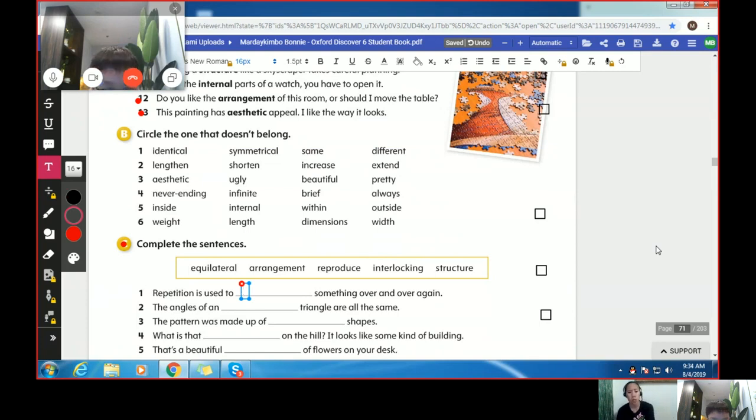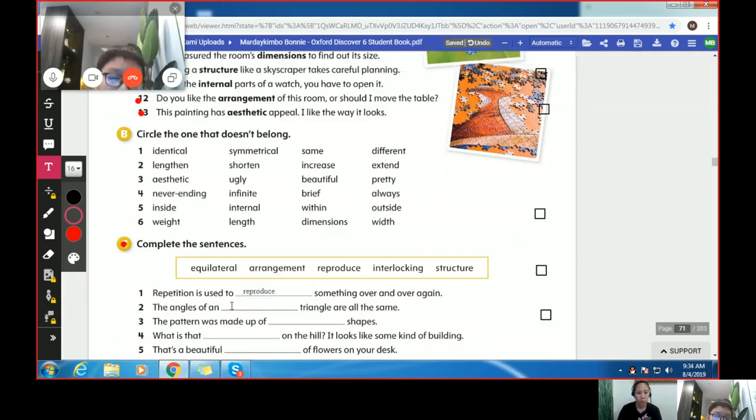Are you sure? Is used to arrangement? That sounds wrong. What do you think? Reproduce. Repetition is used to reproduce something over and over again. Okay, let's type that. What about number two?